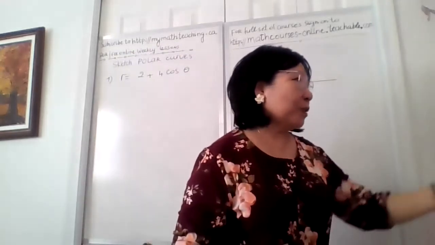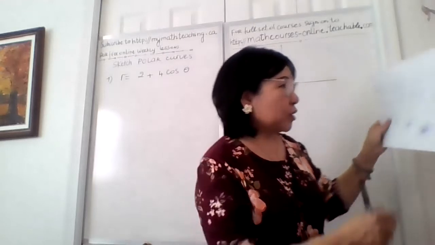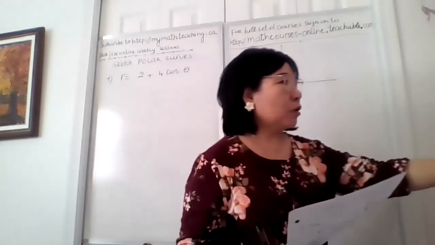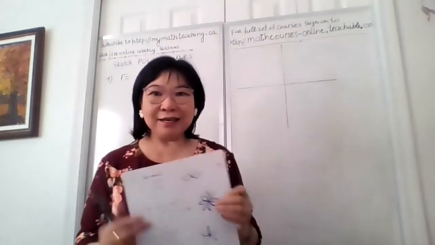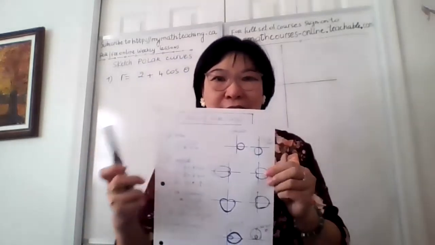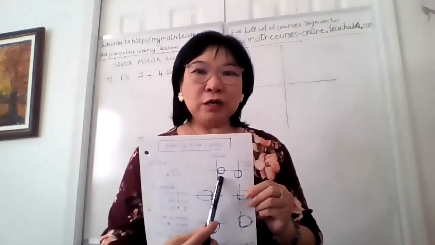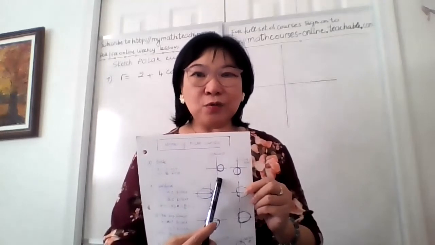Now, the topic today, I will introduce to you some of the names of the polar curves before I lead you to the lesson. On my handwriting, you can see we can have a very simple curve, and we call this a circle.